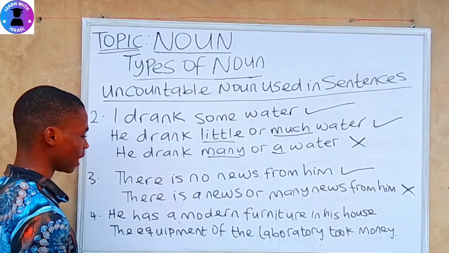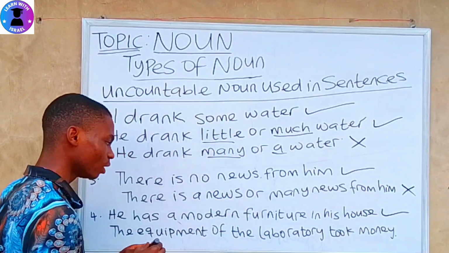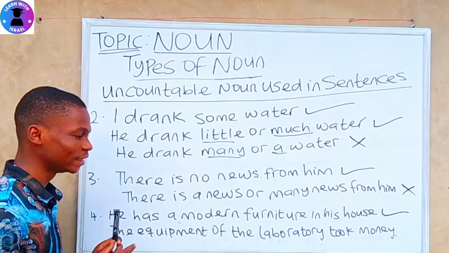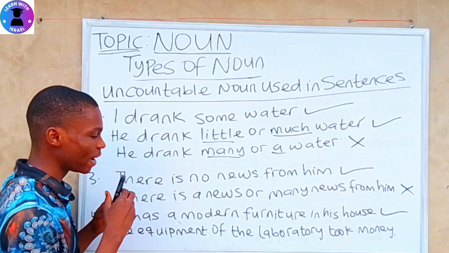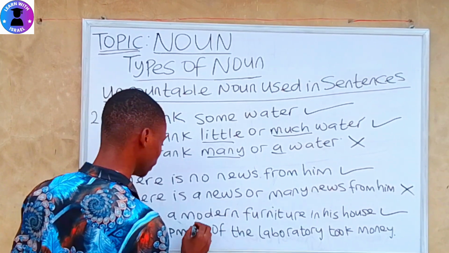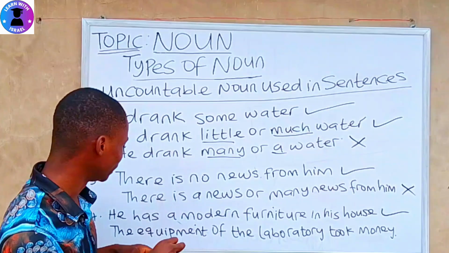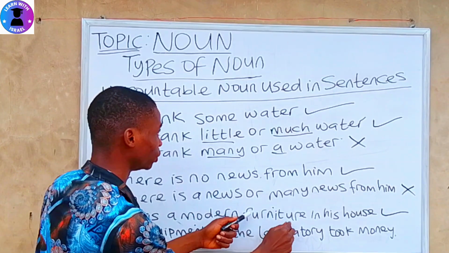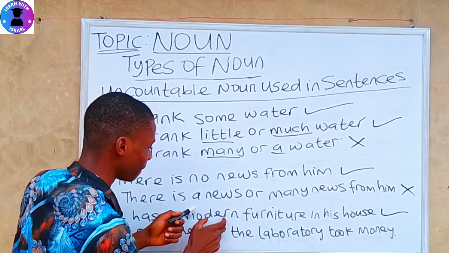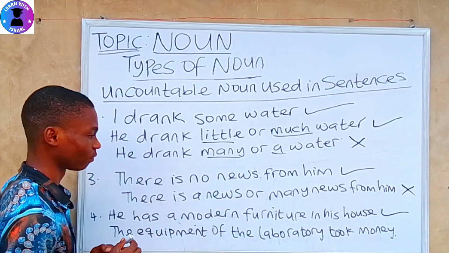He has a modern furniture in his house is correct. Don't combine many or a with furniture and equipment. As you can see, between a and furniture, modern is the adjective here.